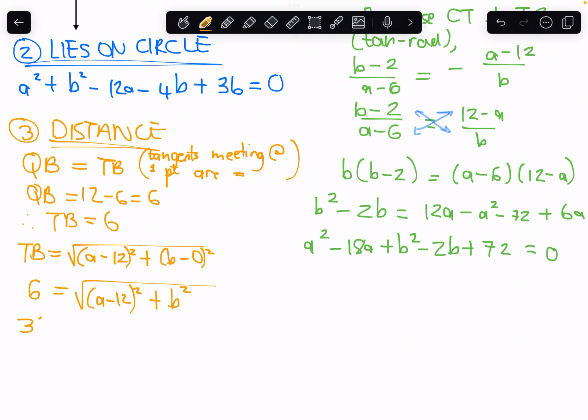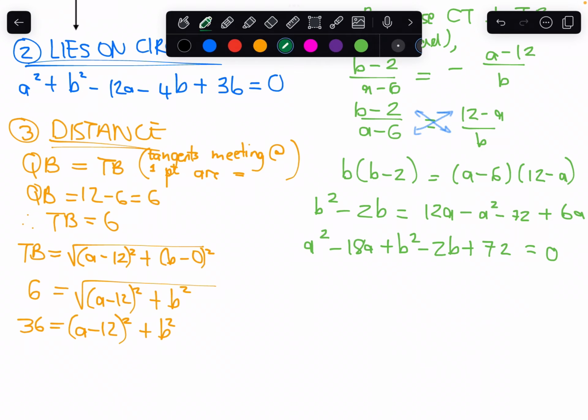Okay, so 36 is equal to a minus 12 squared plus b squared. Right. So now let's label our equations. So we have here equation 1, equation 2, and equation 3.